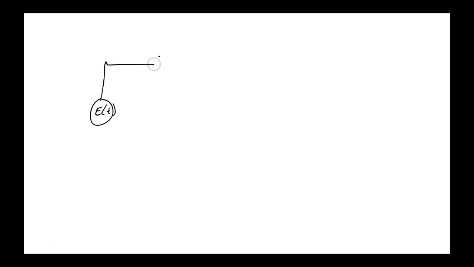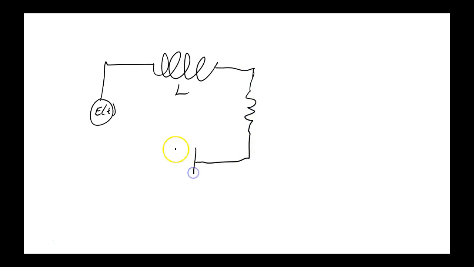And in the process you're going through an inductor, that's your L. You're going through a resistor, that's your R, and you're going across a capacitor, and that's your C. So this is your resistor, and this is your capacitor, okay?